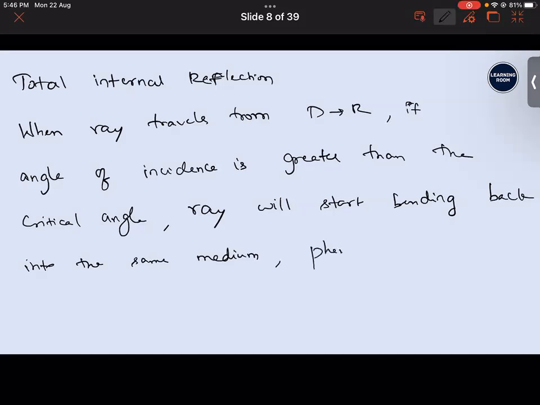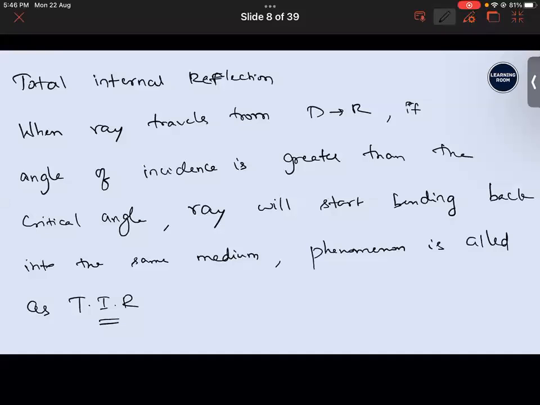And this phenomenon is called total internal reflection. Done. This is how it works.